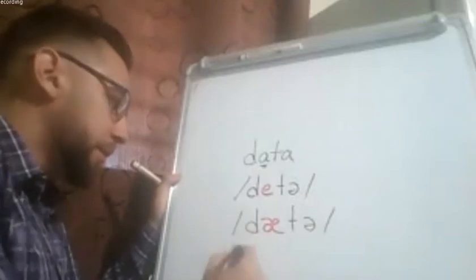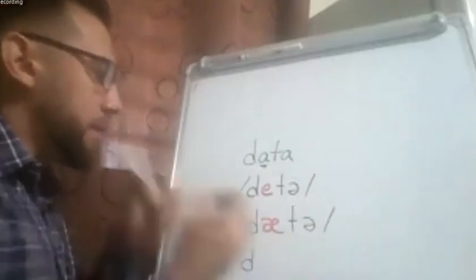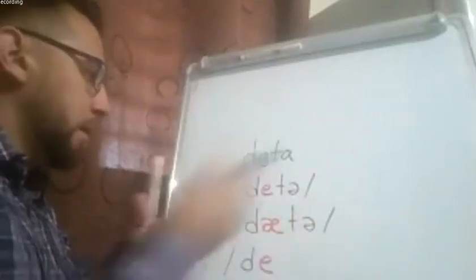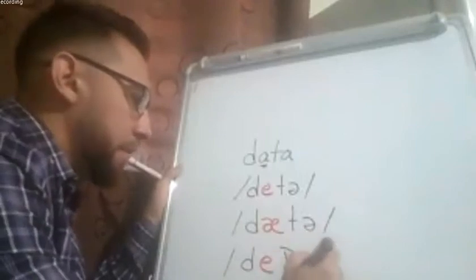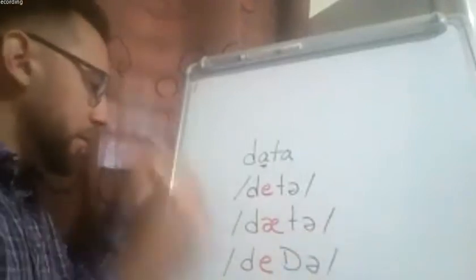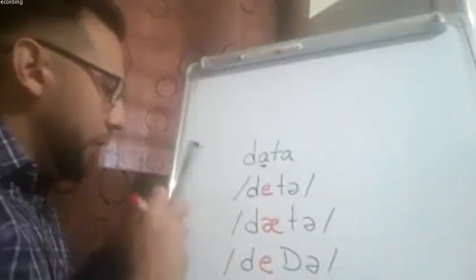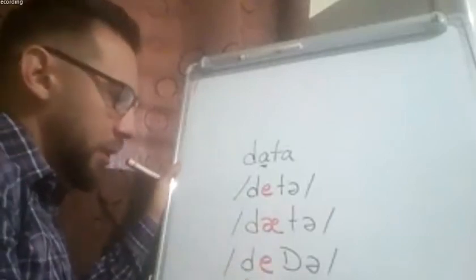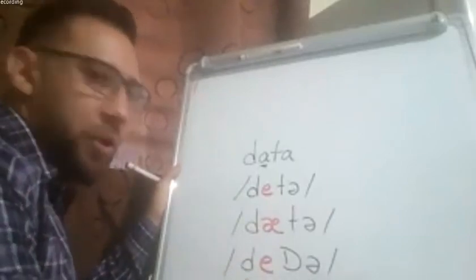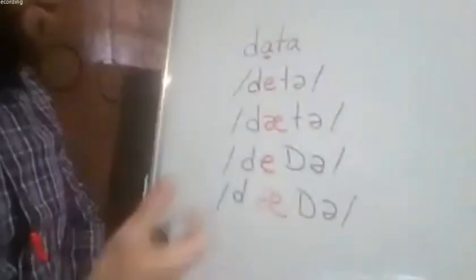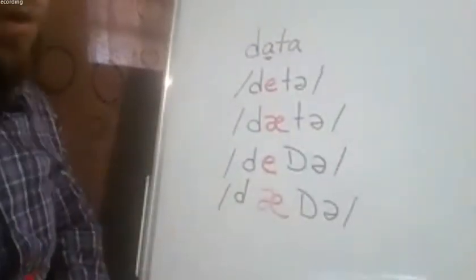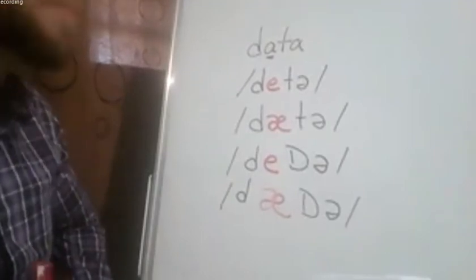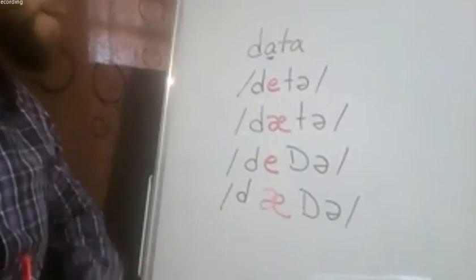Another one is the same but with a flap, and then another one, this one with the flap. So all of these are possible pronunciations of the same word. I can say data, I can say data, I can say data or data. They are all okay.